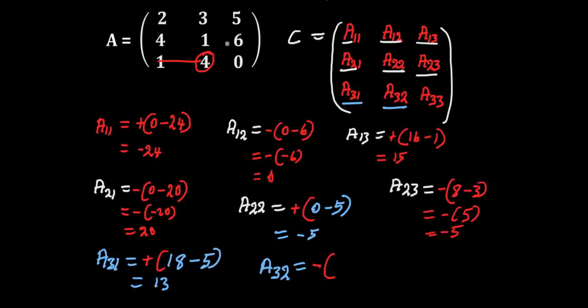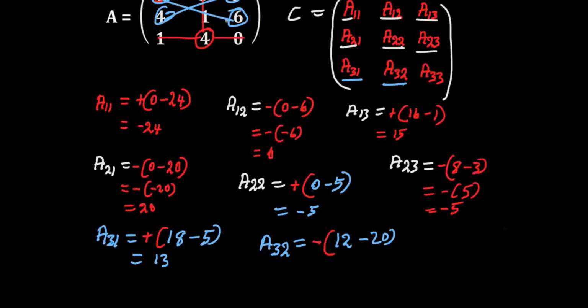So you can put this on hold, and then 2 times 6 is 12 minus 5 times 4 is 20.